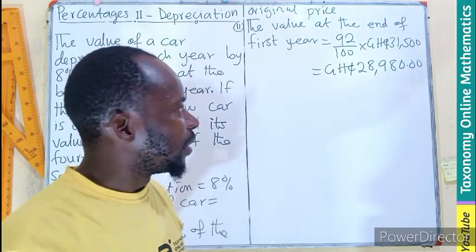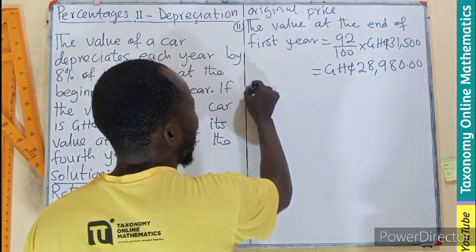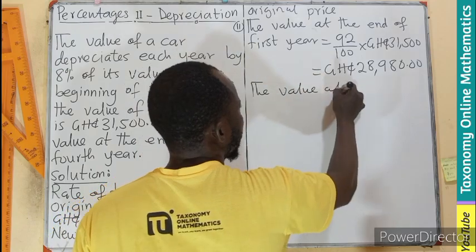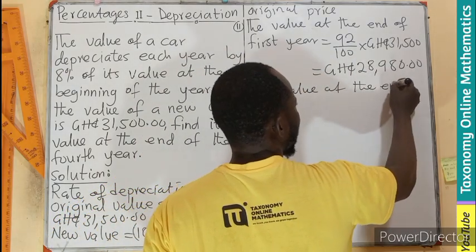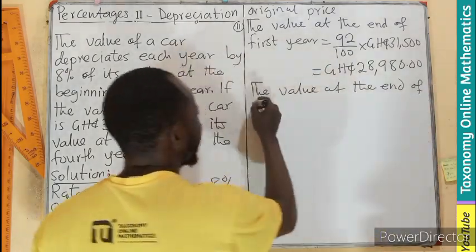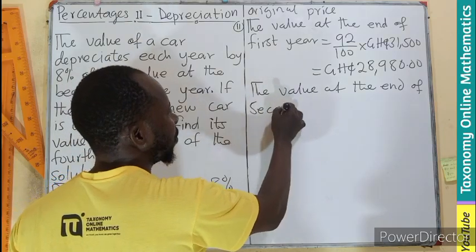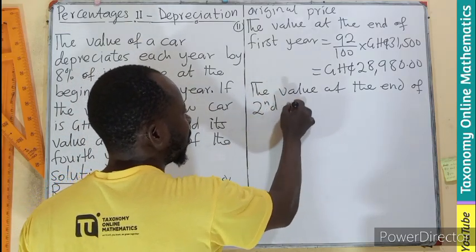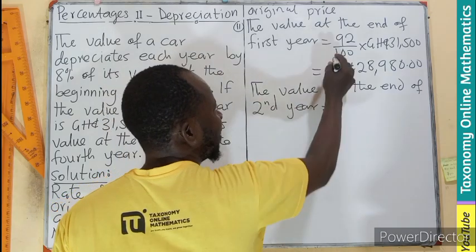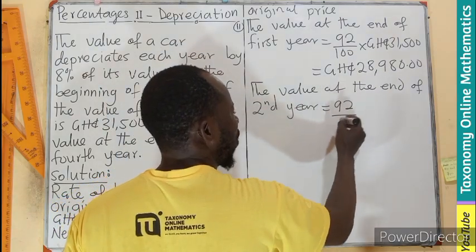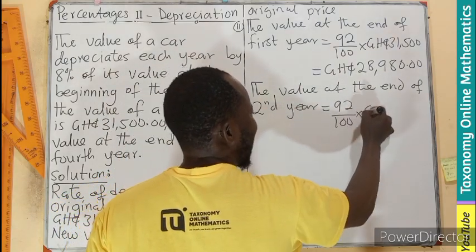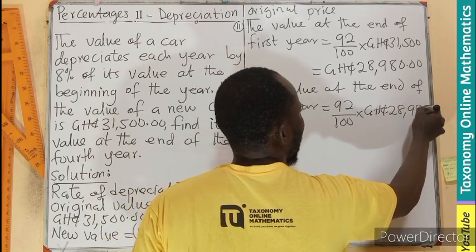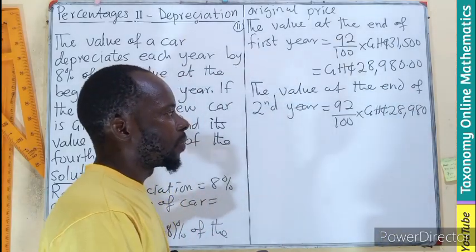So this, being the end of the first year, becomes the beginning of what? The next year. So what will it be? We can also find the value at the end of the second year, right? Still 92% of the value of the car at that time, 28,980.